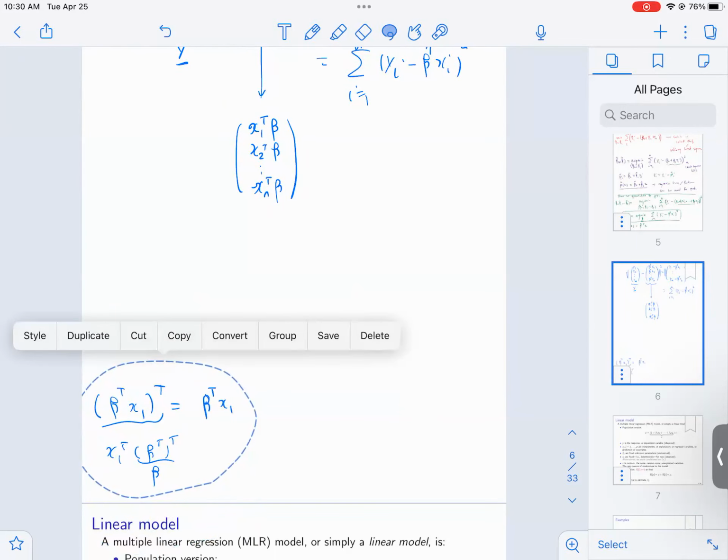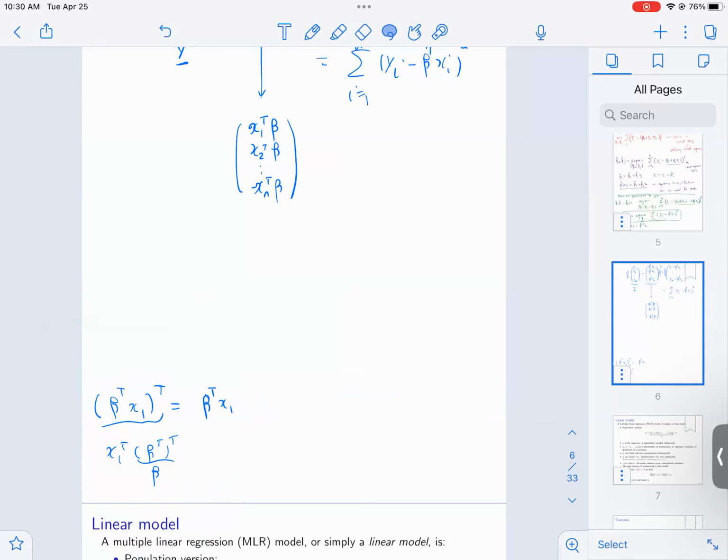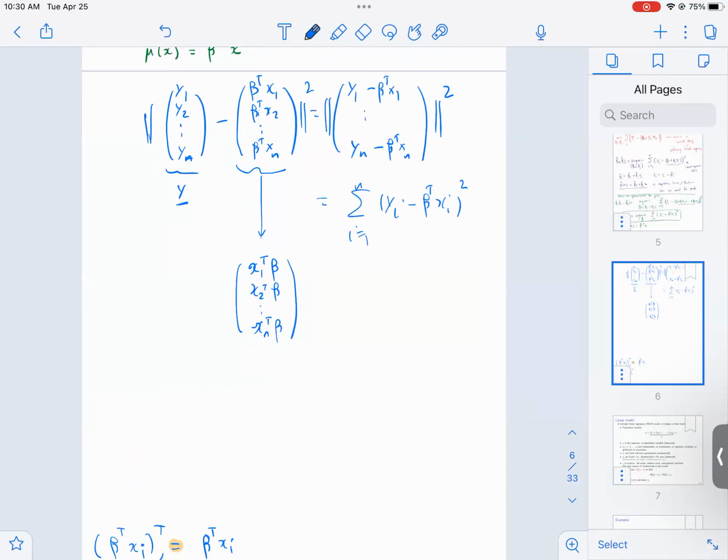This uses the fact that the transpose of a product is the product of the transposes, but flipped. In any case, this is easy, so I'm going to do that.